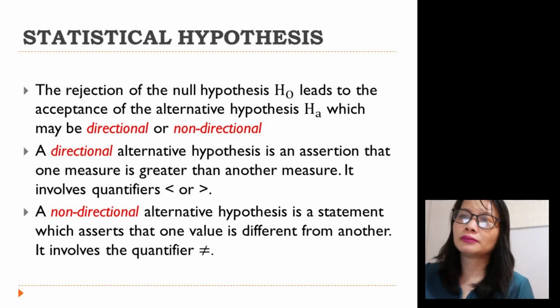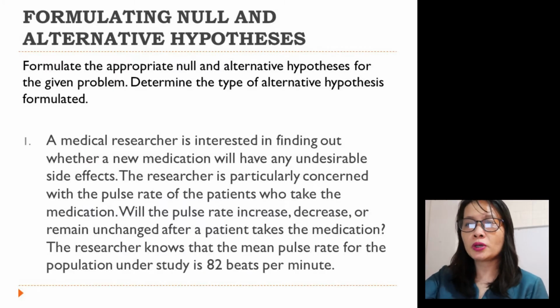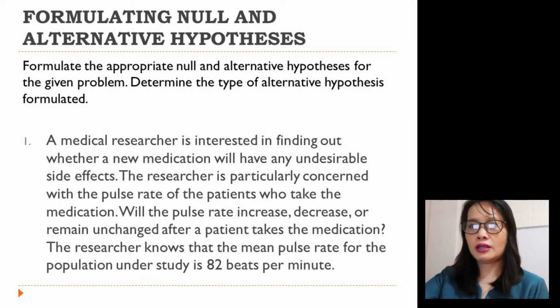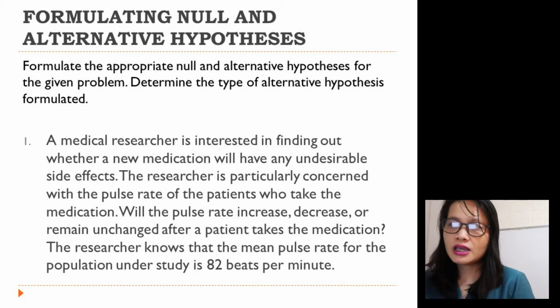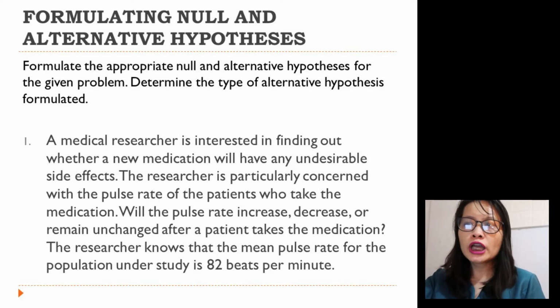So later on. Formulate the appropriate null and alternative hypothesis for the given problem. Determine the type of alternative hypothesis formulated. Number one, a medical research is interested in finding out whether a new medication will have any undesirable side effects.